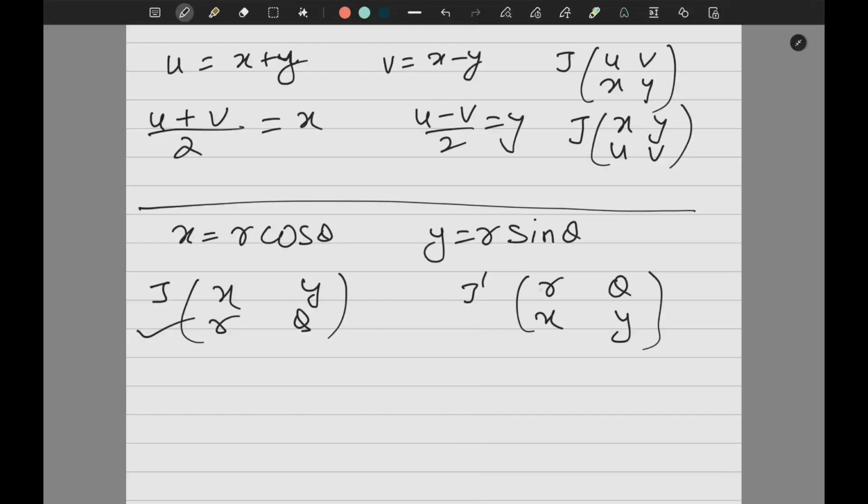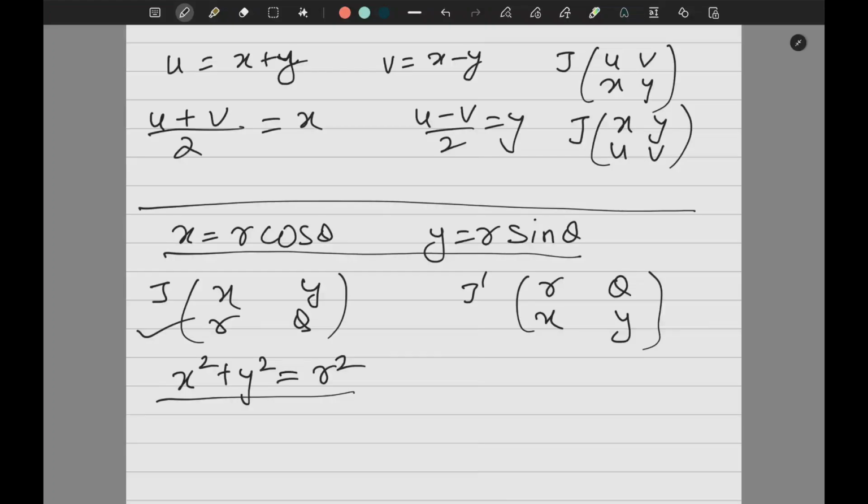Now how to find dou r by dou x? For that, the position vector relations are also used. If you square and add these two, x square plus y square is r square, since sin square theta plus cos square theta is 1. So this is one relation.